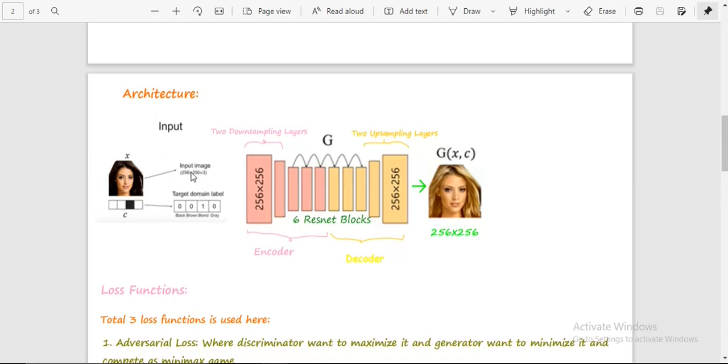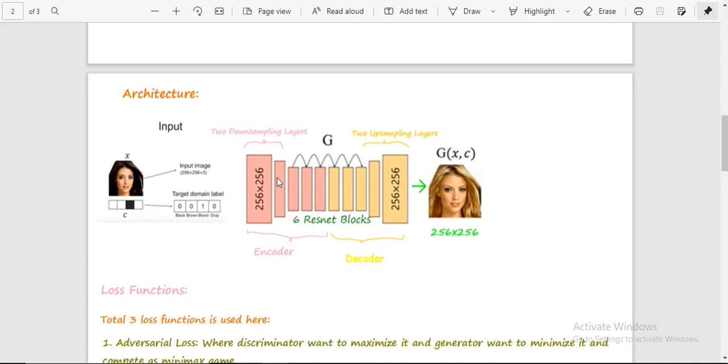The input image is 256 by 256 by 3, and the output image is also 256 by 256 by 3, right? First they use an encoder-decoder type architecture. The pink part is denoted as the encoder, and the orange or yellow part is denoted as the decoder, right?